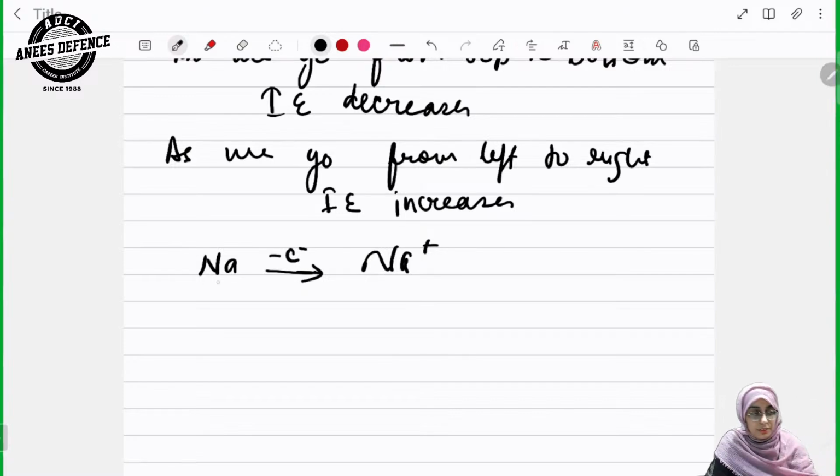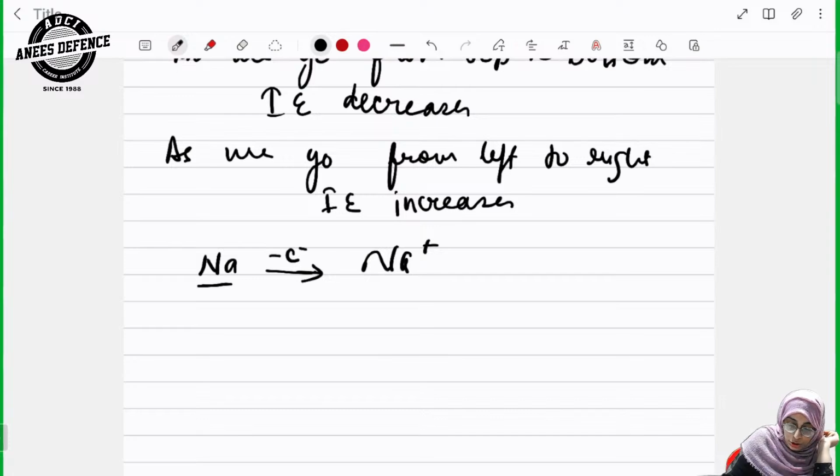So those elements which have lower ionization energy are good reducing agents, they are basic in nature, they create cations and thus form ionic compounds.